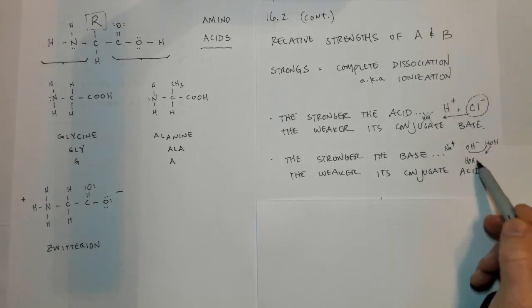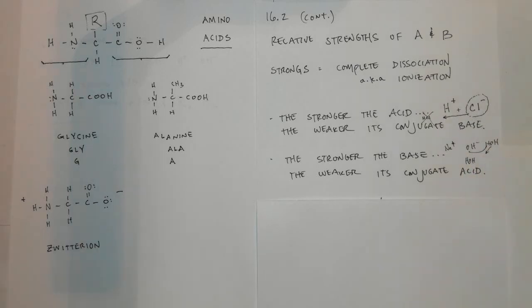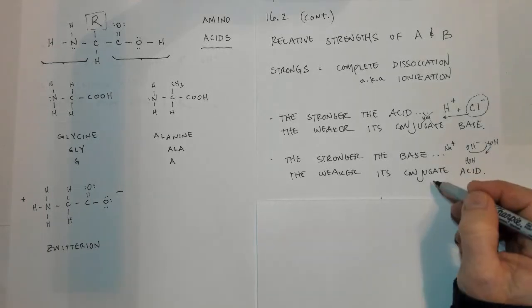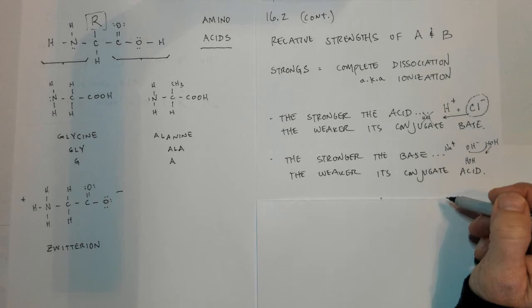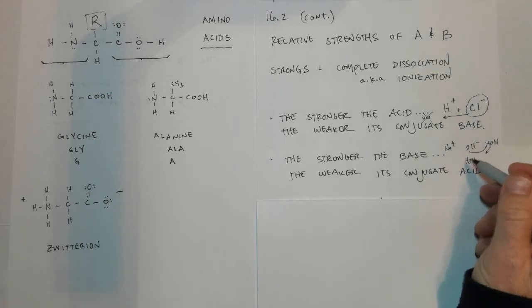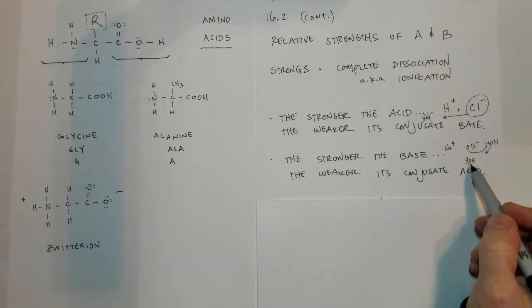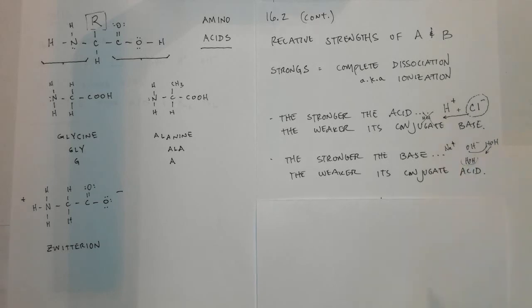But HOH doesn't act a whole lot like an acid anymore. It doesn't want to give away hydrogens a lot and become OH minuses. Not very much, and so it has a much weaker conjugate acid.